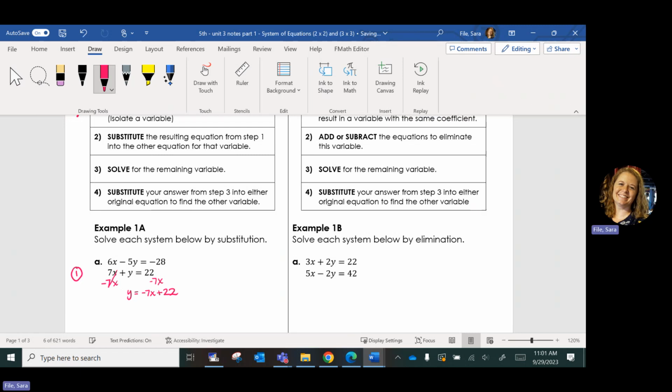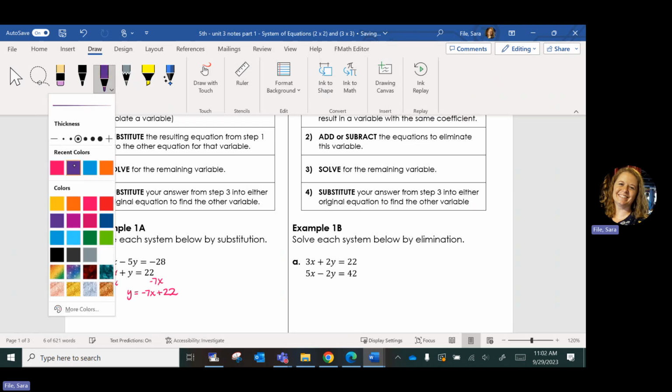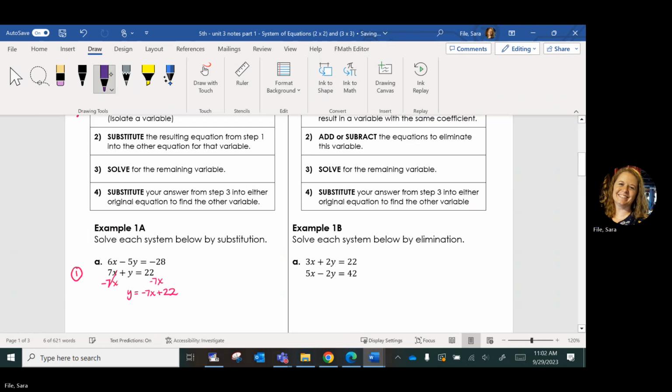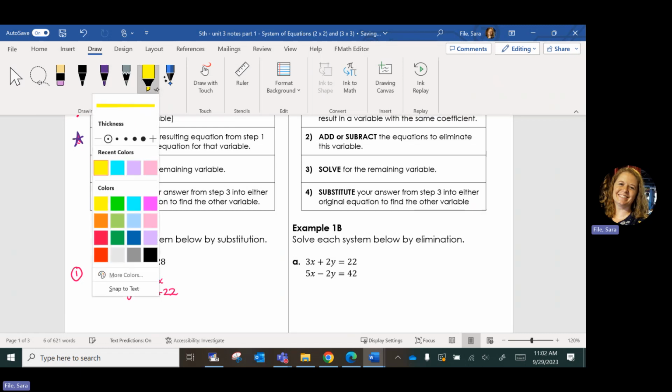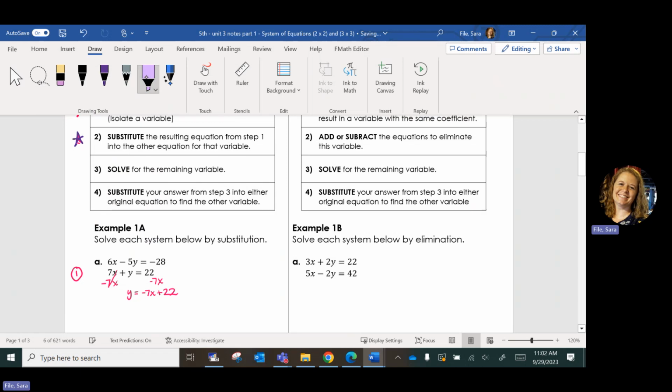Then step 2 says, once you've isolated one of your variables in one of your equations, you are then going to, oh, I changed you to purple. There we go. We are then going to substitute that resulting equation, what we got here, into the other equation for that variable. So I'm going to take negative 7x plus 22, and I'm going to replace y in the other equation.